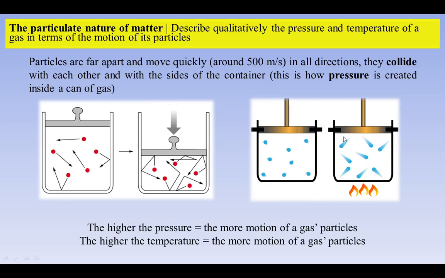Now by heating this container, the particles of the gas will gain kinetic energy, so their movement will increase, and then they will be moving frequently and randomly, hitting the walls of this container. So this will increase the pressure inside this container.